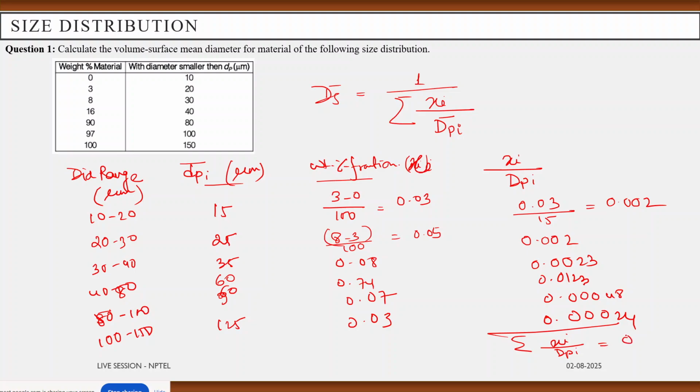What will be the summation? 0.01962. So at last we need to calculate by this equation 1 by 0.01962 and it will be 50.97, around this much micron.